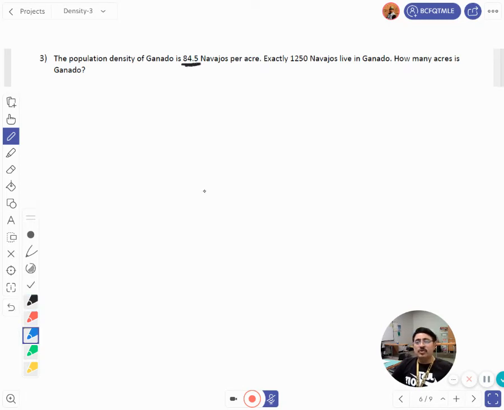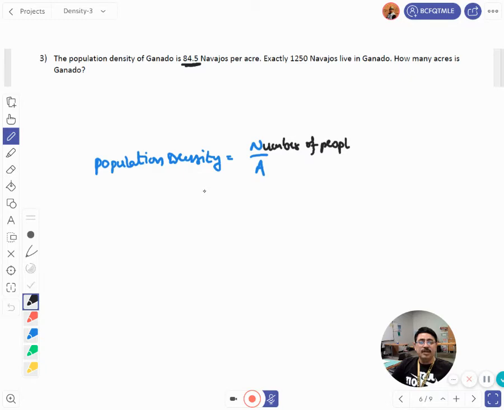Population density, what is the formula? In the beginning I already mentioned it is N over A. N stands for the number of people, the population, and A stands for area.